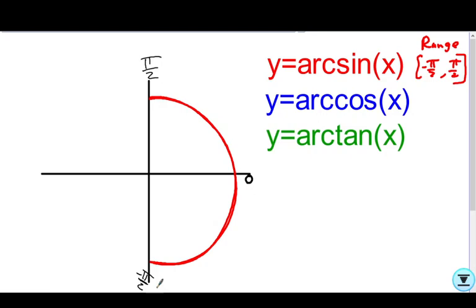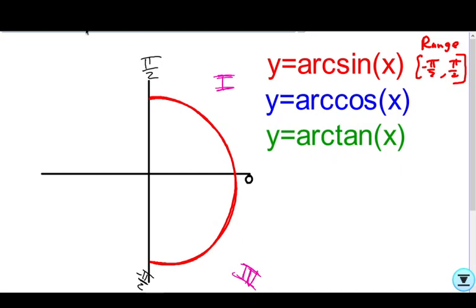So this arc right here, this part of the circle, that's the quadrants that we are going to get outputs from for arc sine. Quadrant 1 and quadrant 4, sorry. So arc sine gives us quadrant 1 and quadrant 4.